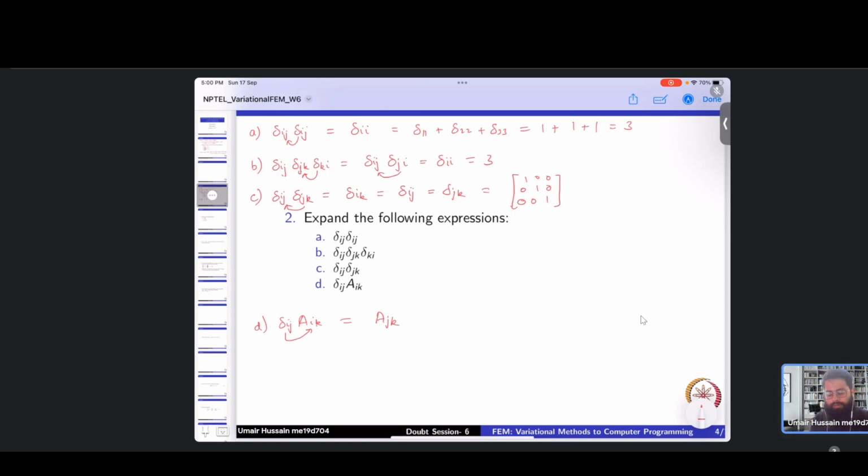So here again, since i was the dummy index, we have the same second order tensor here. Okay. So this is how we apply the substitution property of the Kronecker delta and expand any expression.